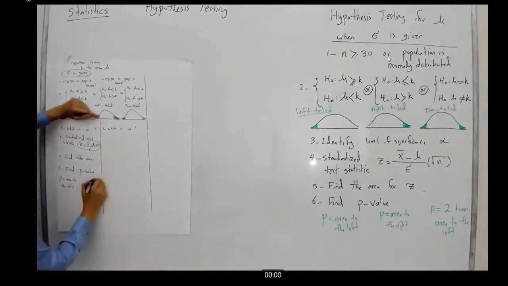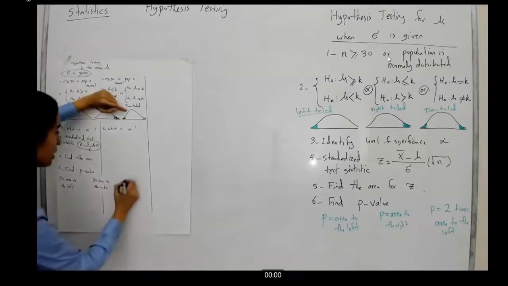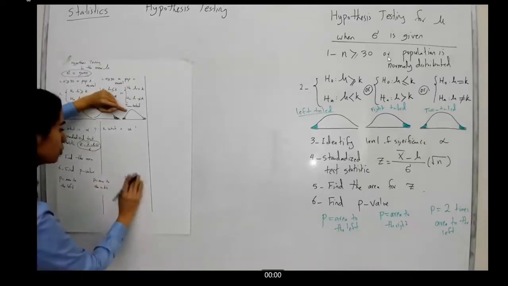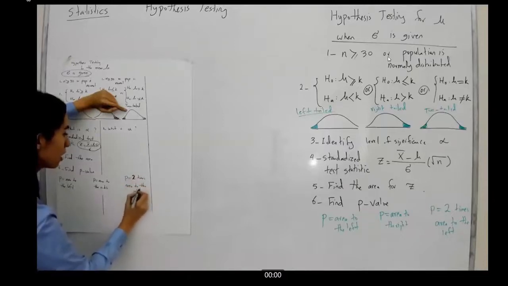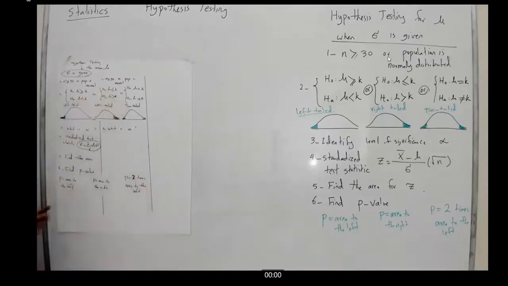For this one, P value is the area to the right. And for the two-tailed graph, P is 2 times the area to the left. Super important.